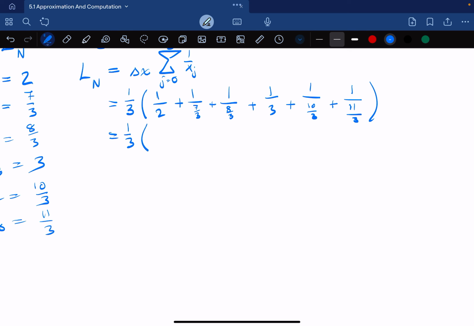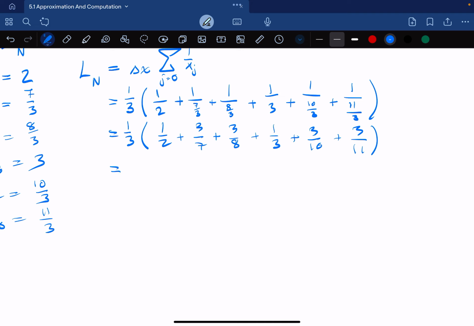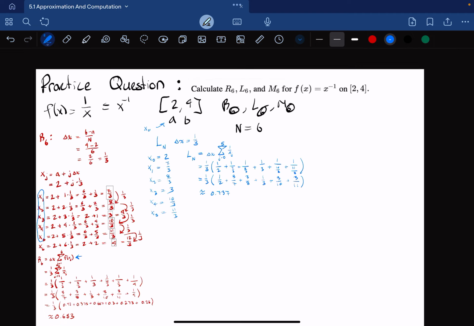And then when you simplify to make it all look very nice, you end up with 1 over 2 plus 3 over 7 plus 3 over 8 plus 1 over 3 plus 3 over 10 plus 3 over 11. And once again, I would use a calculator for this, but once you end up plugging everything in, the final answer that you end up getting is approximately 0.737.